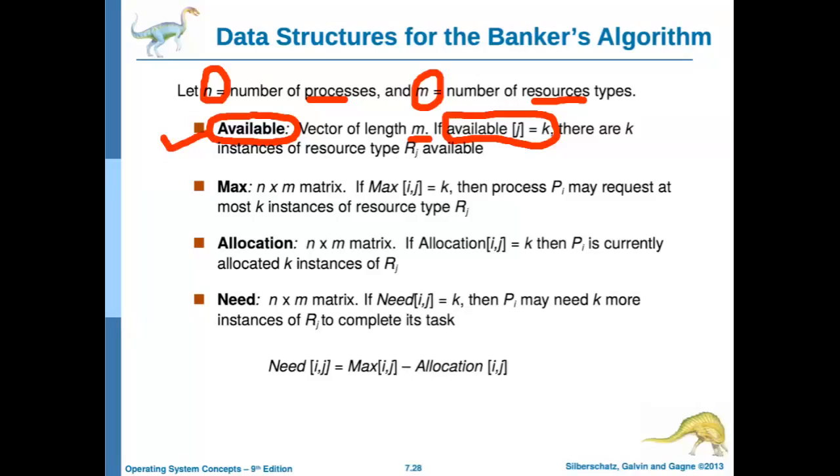Why is it called a vector? Because m is a variable and not fixed, whereas in C++, whenever we talk about an array it should be static. So int a of 10 is an array. We cannot say int a of b, where b is a variable. We cannot declare an array like that.